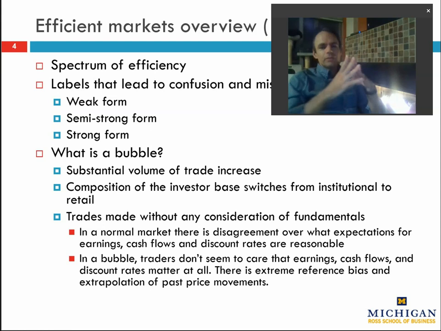At the other extreme, we have the idea of strong form efficiency. If the market is strong form efficient, it means that you cannot earn abnormal returns even if you had inside information. We know the market is not strong form efficient because we know that if you do have inside information, you could earn abnormal returns.